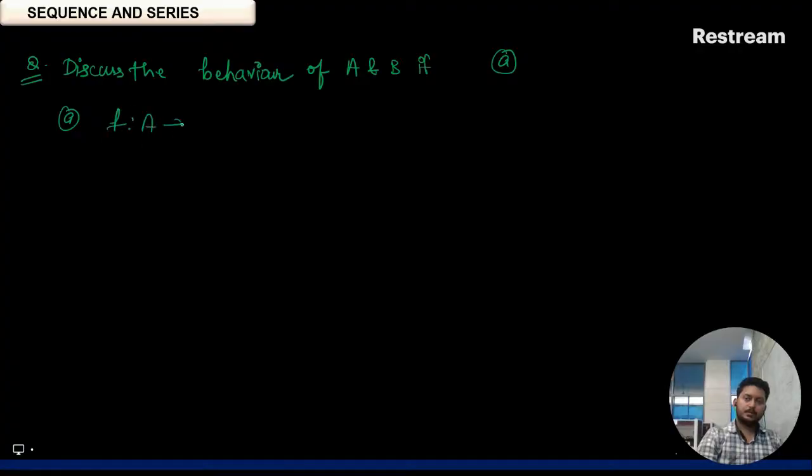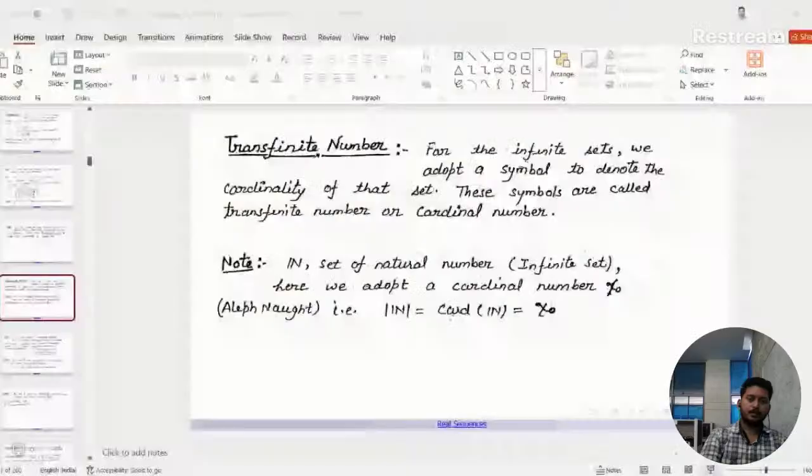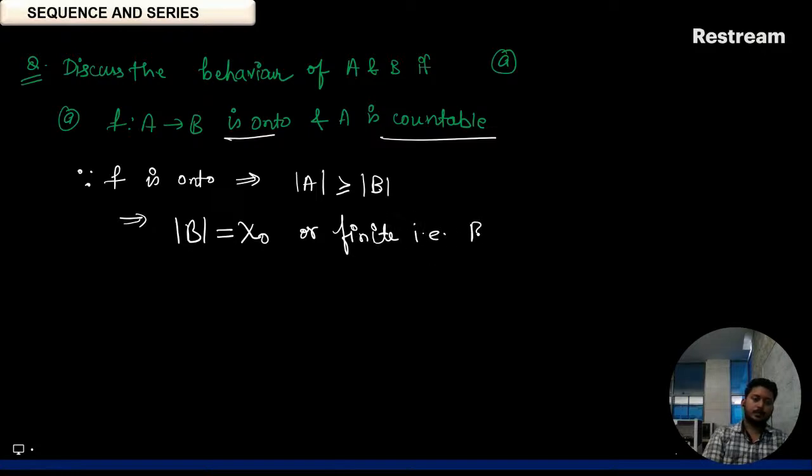If f, a mapping from A to B, is onto and A is countable, then you say the answer like this: f is onto, therefore cardinality of A is greater than or equal to cardinality of B. And this is possible only when B is countable or finite.